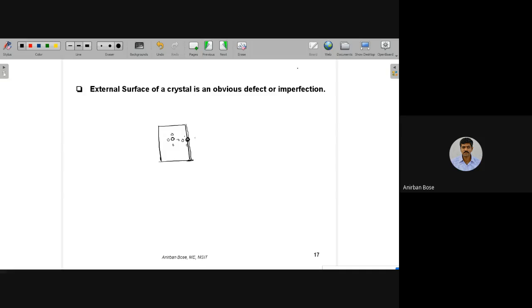That is why the surface is a kind of imperfection, and why this line is very important: the external surface of a crystal is an obvious defect or imperfection. This is a kind of surface defect, because these defects occur throughout the outer surface of the material which is made of some crystal.